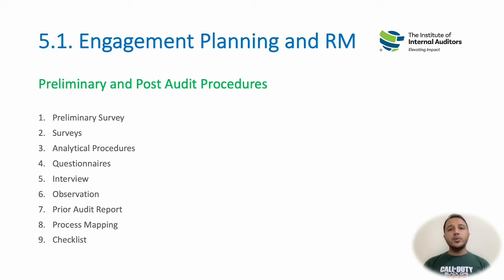Analytical procedure is very important, where we can identify what the departmental or area cost is, how much their budget is, where their budget stands within the overall organization budget, how much it is in terms of percentage, and what the key performance indicators are in terms of achieving a certain sales target or cost reduction target.